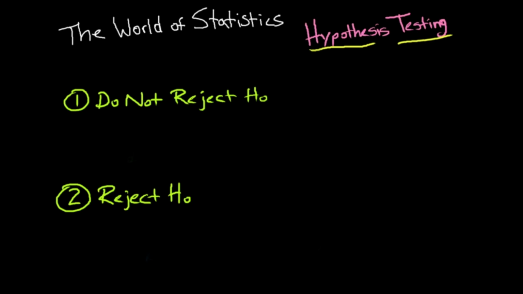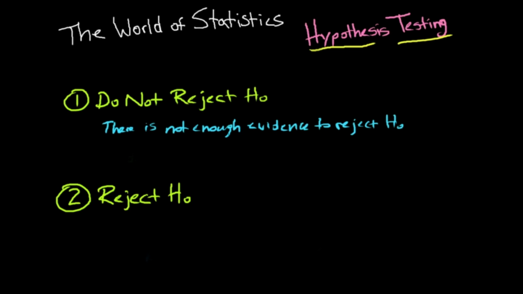Well, when we do not reject the H0 or the null, what this tells us is that there is not enough evidence to reject H0 or H null.